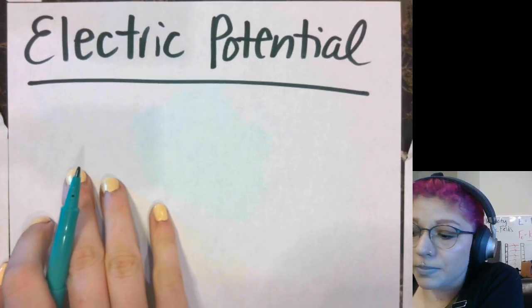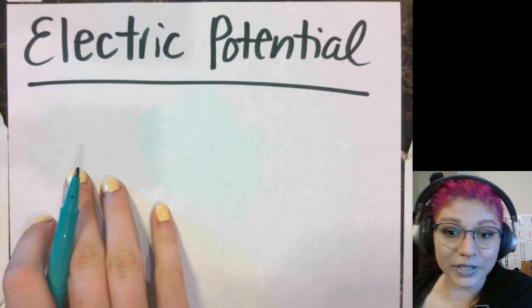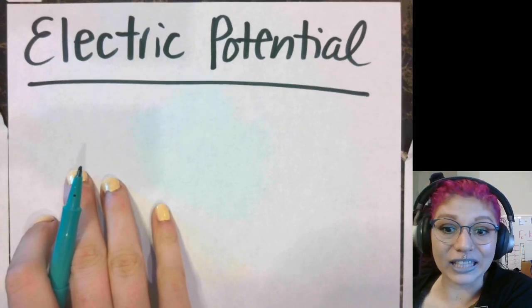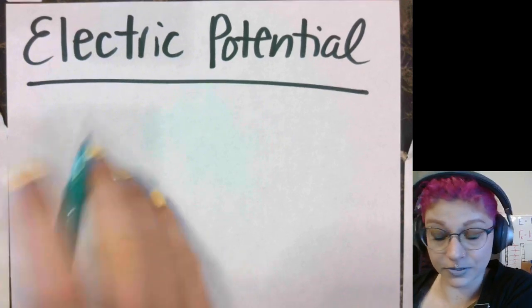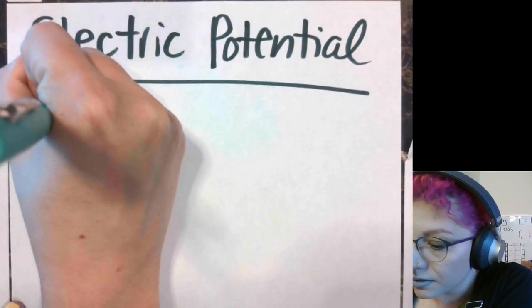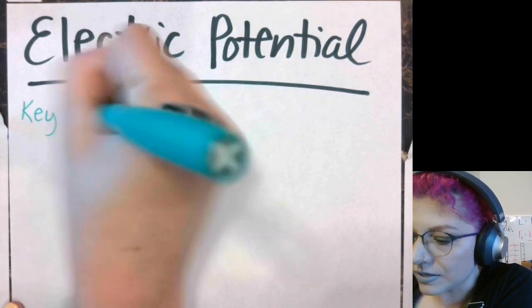The first thing I want to talk about for electric potential is a really big key idea that links together types of energies. So this is the key idea.